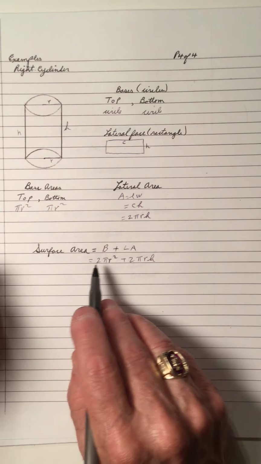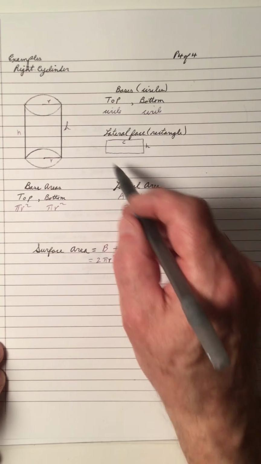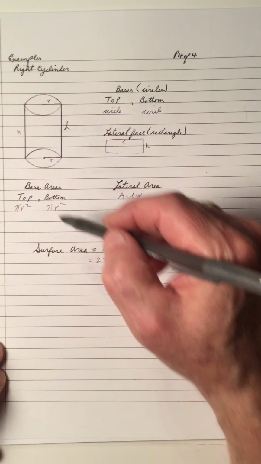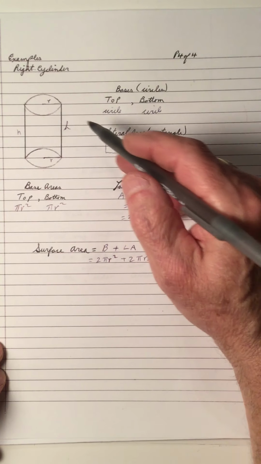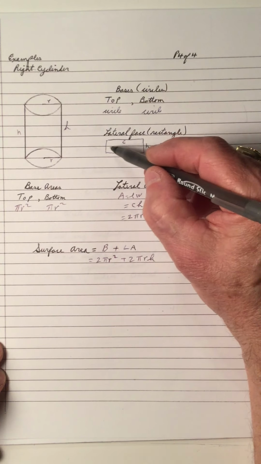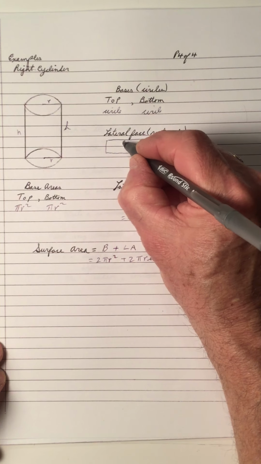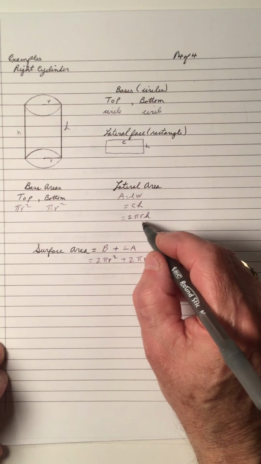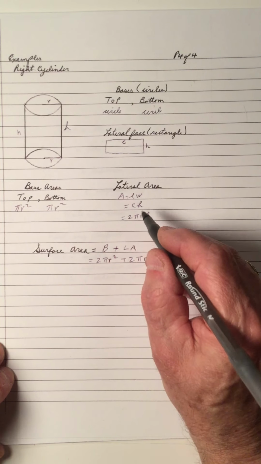And that's the formula that I have memorized, but I can see the areas of the top and bottom 2 circles, that's easy. But the lateral area, because I cut it down, and because it formed a rectangle, then I know it's the circumference times the height, and that helps me remember the lateral area of a cylinder, 2 pi r h.